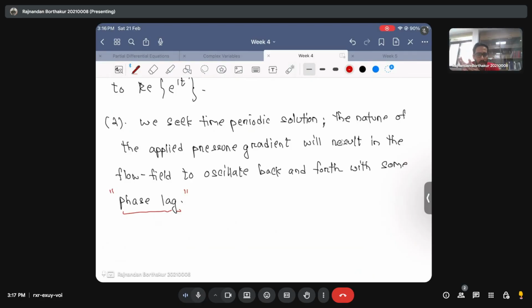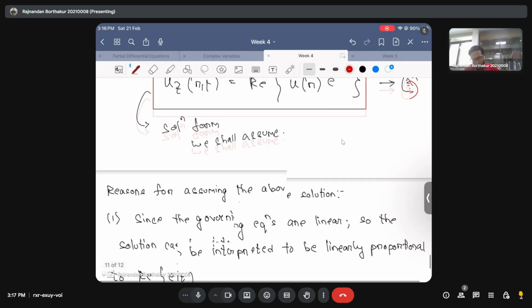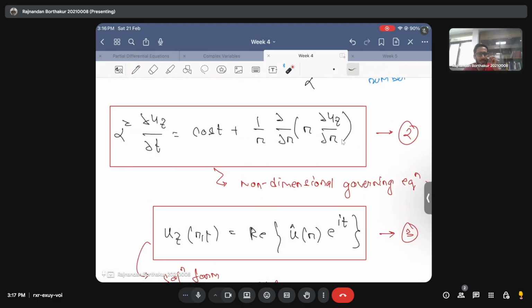It will be clear when we look into the solution of uz of r comma t. This is important, because since we are looking for a time periodic solution, we will not treat time as a variable and impose an initial condition on t, but rather treat time as a parameter, because we know our solutions are going to be linearly proportional to the real part of e power i t. So in this problem we treat time as a parameter, rather than as a separate independent variable with an initial condition.